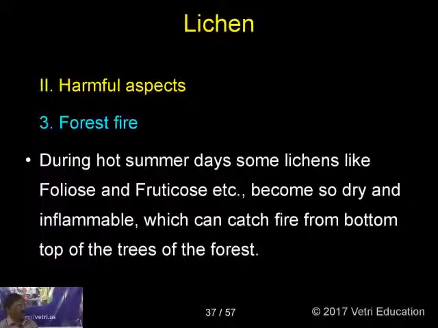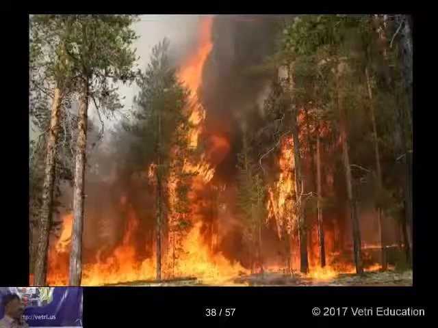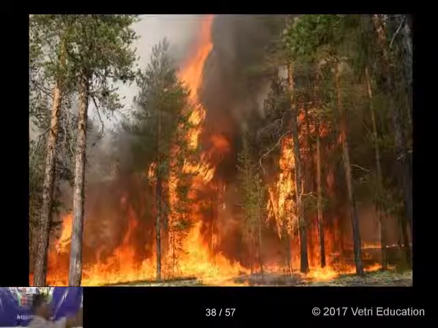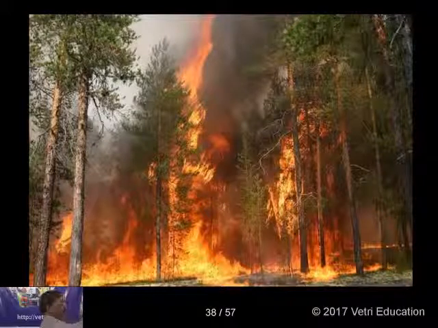They are very dry and they catch fire easily and spoil the whole forest. This you can see here, because of these lichens, the fire may start from a particular place and throughout the forest will be burned.